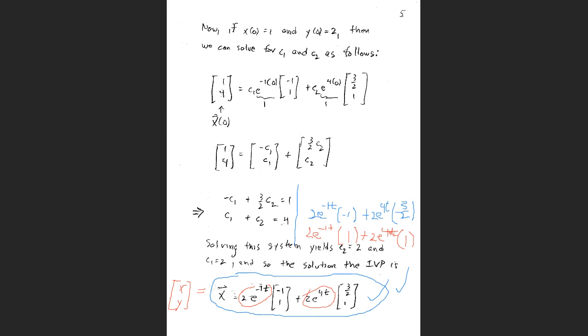This means that x of t equals this function, and y of t equals this function. And I'll show that on the next page. So hopefully we're good here. We got it right here, x and y.